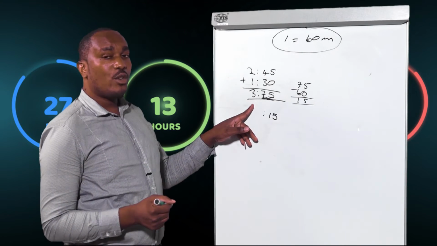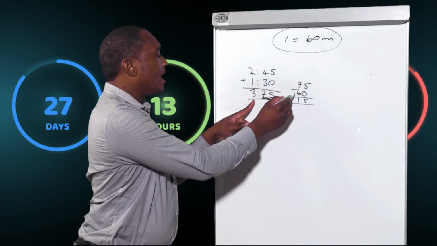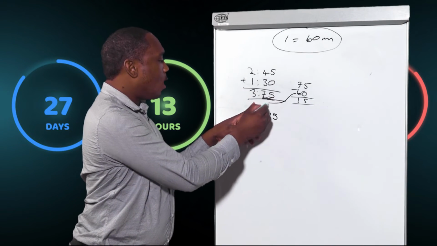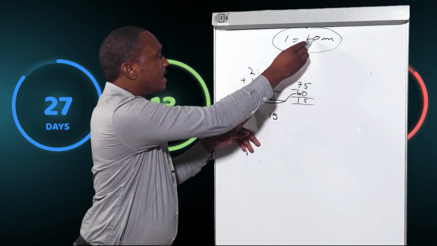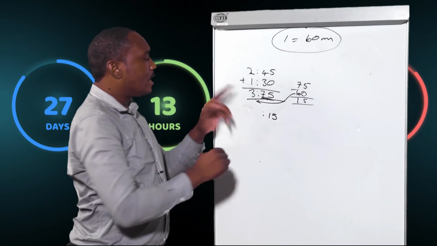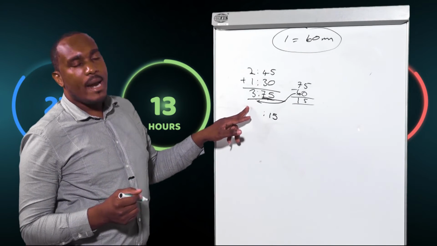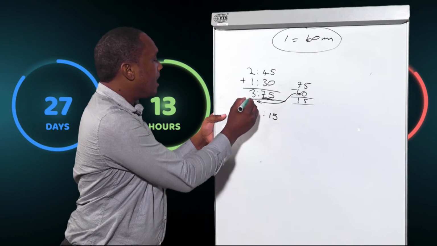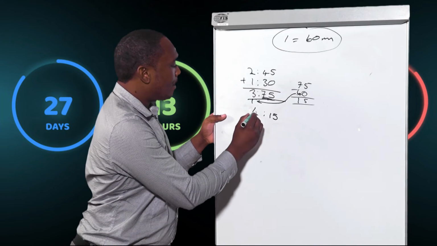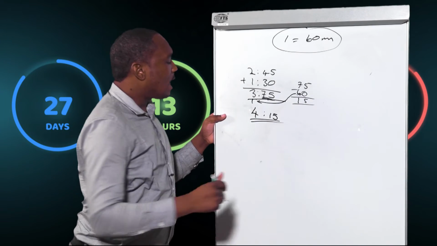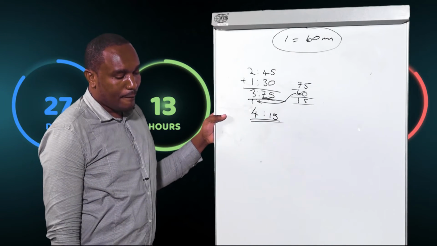No, it is not going to be 3, because to this 3, you add the 1 hour. This is 60 minutes, you add it to this side. It crosses, it becomes 1 hour. So you say 3 add 1, which is 4. So your correct answer will be 4:15.